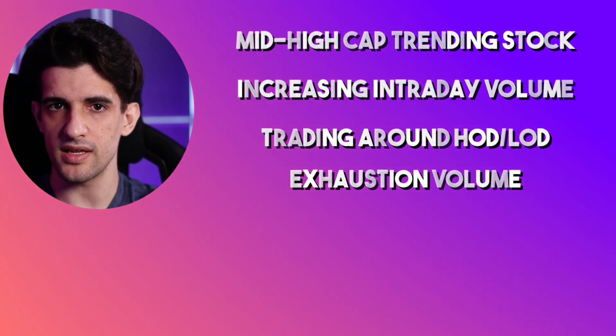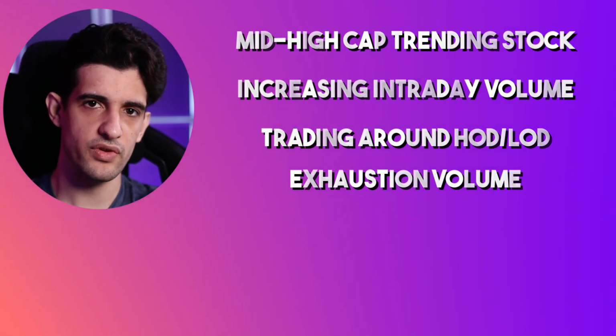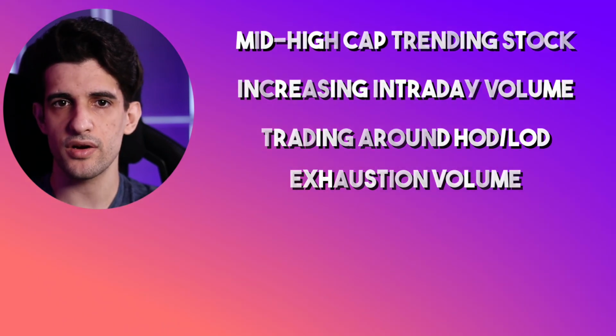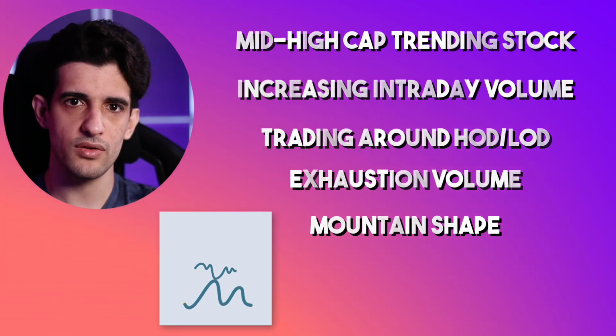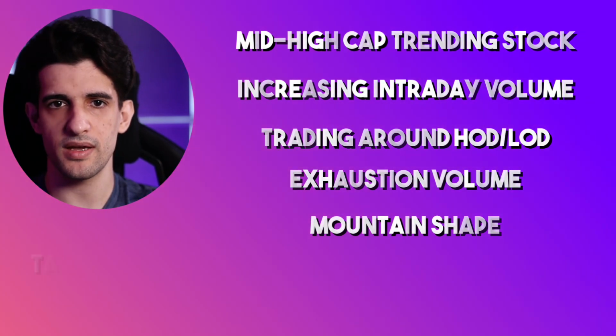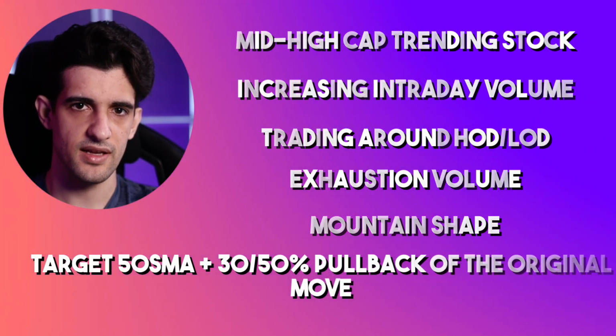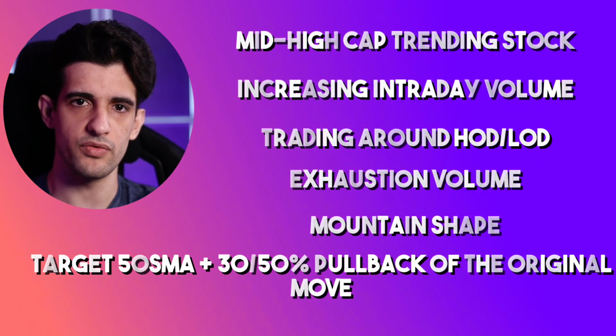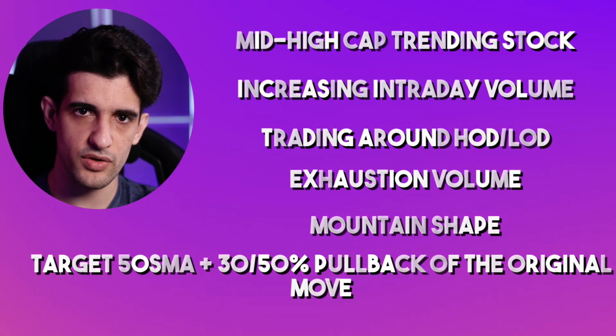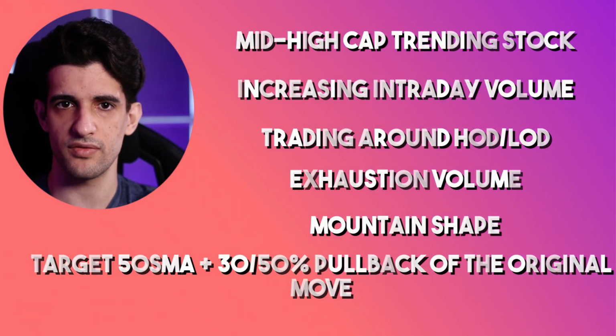Preferably, you need to see a level because that shows you that this is an area of interest. And then you need to see a higher low or a lower high, which gives you the shape of a mountain. After you get into the trade, you want to target the 50 SMA on the 1-minute chart for starters. And then you can go for 30 to 50% of the original move. Obviously, if the higher time frames support your idea, you could hold on to your trade for longer.